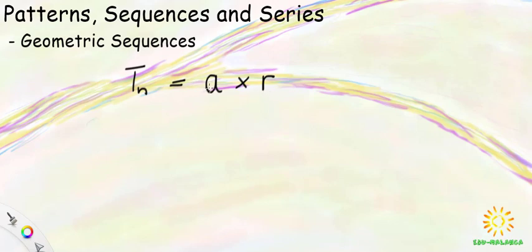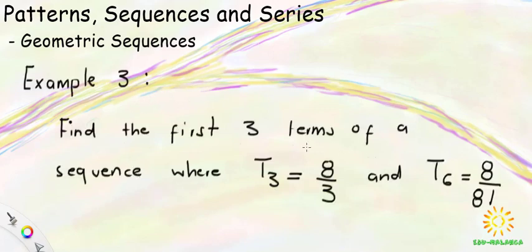When you have the starting term and you're looking for the next term in your sequence, you multiply the starting term by R and then you'll find the next term of the sequence, and R is raised to the power of n minus 1. This is the general term of a geometric sequence. We're going to use this general term to solve the question we've been asked in example 3.